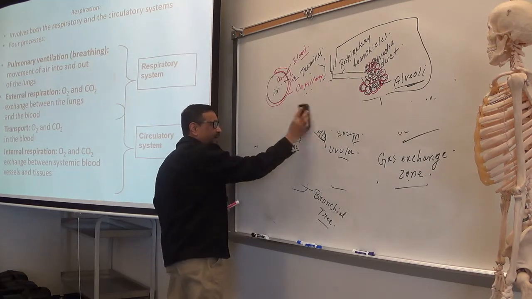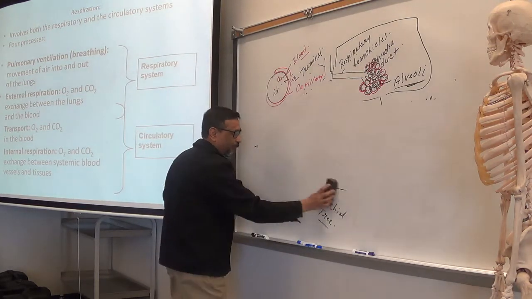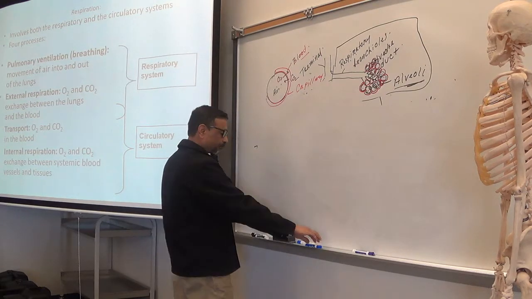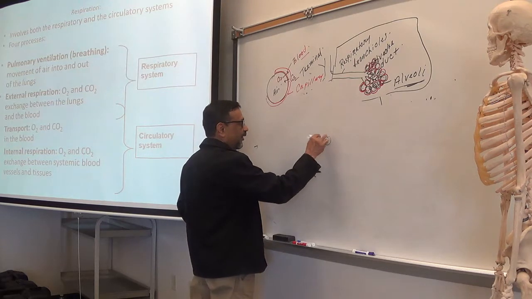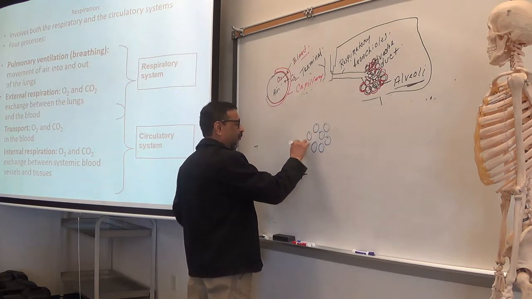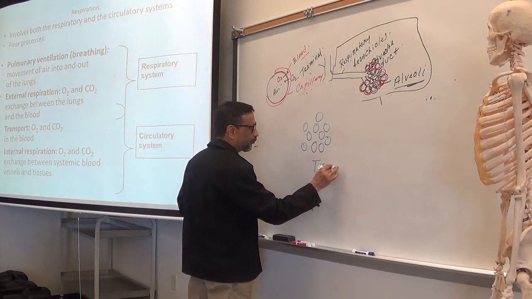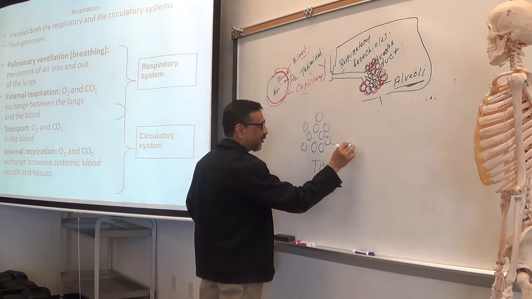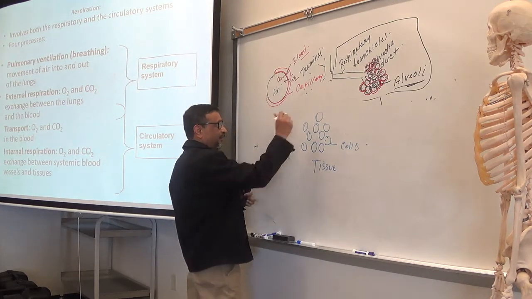Oxygen and carbon dioxide are transported by the blood, and in the tissue, what happens? You see, this is the body, tissue, these are the cells, okay, and the capillary.